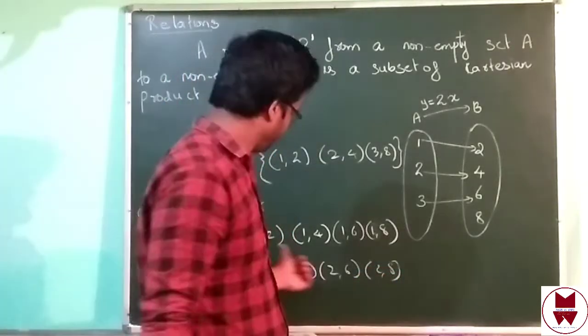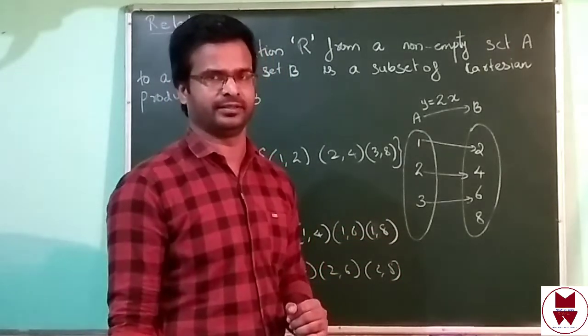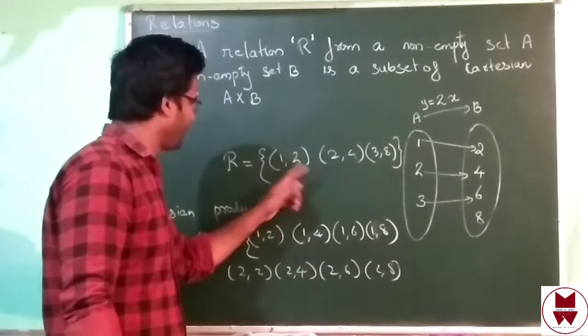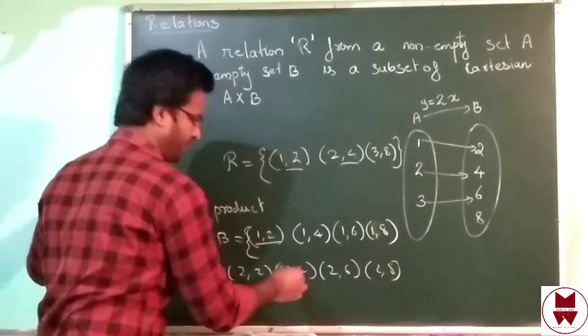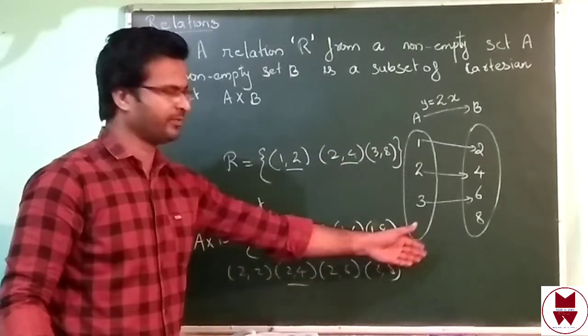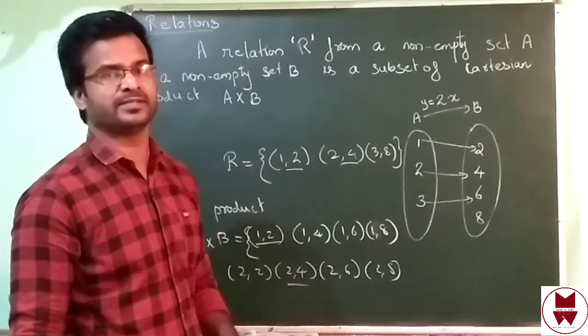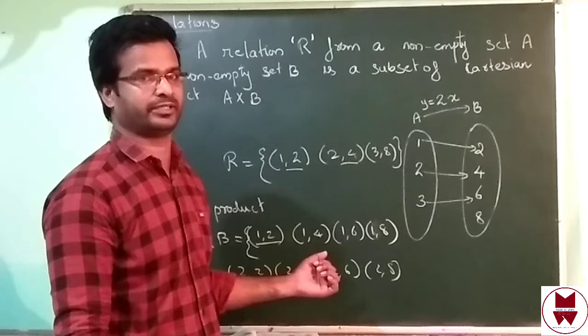Like that we can make many pairs in the Cartesian product, isn't it? Then look at the relation: this (1, 2) is already there, then (2, 4) is there, and in the same way (3, 6) we can also find. Relation means a subset of the Cartesian product.